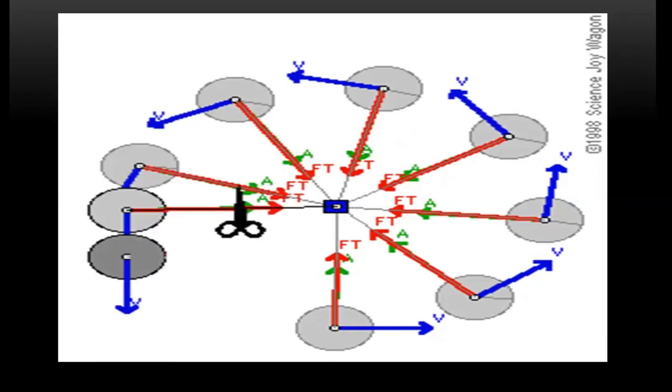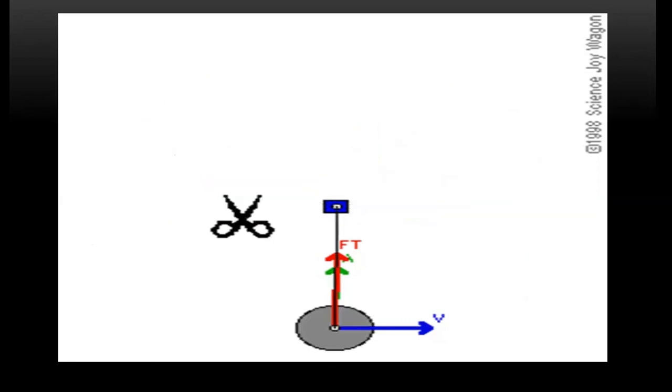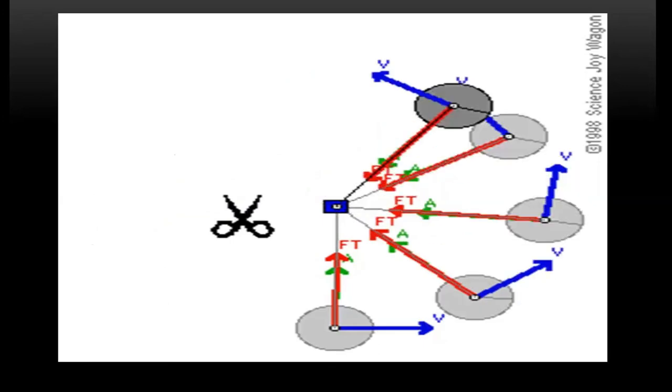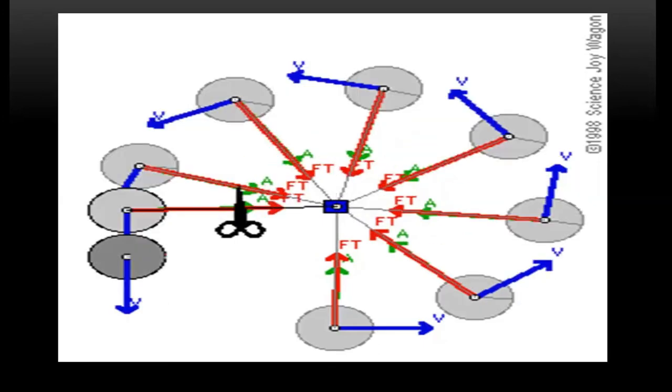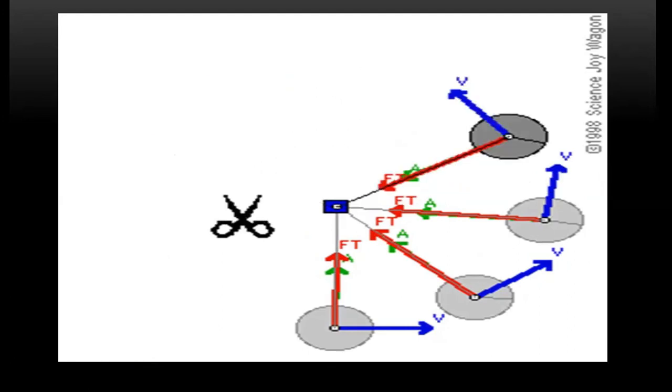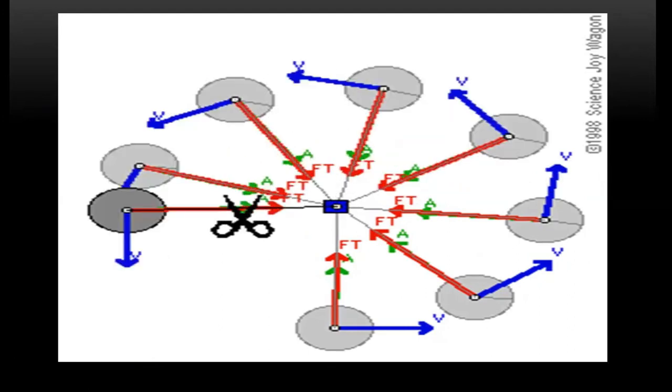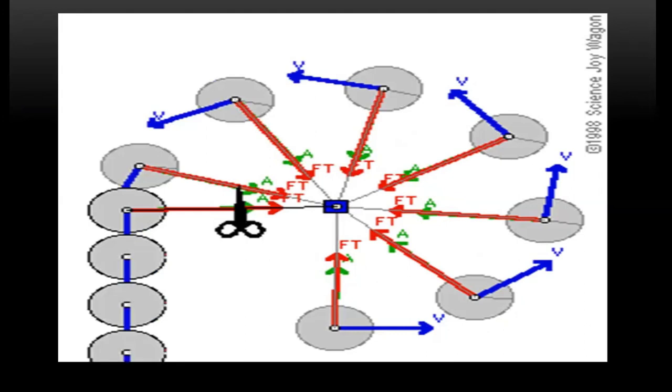So when the circular motion is disturbed, the object will tend to take a path that is tangential to its circular path.